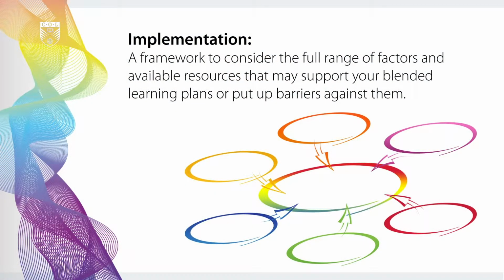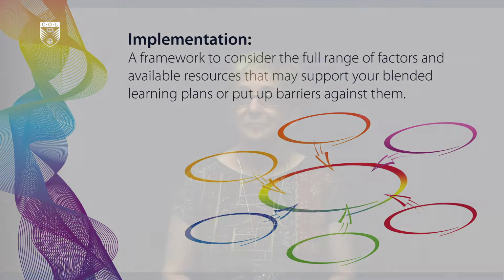As you read through this chapter, think of implementation not as following a recipe, but as a framework where you can consider the full range of factors and available resources that might support your blended learning plans or put up barriers against them.